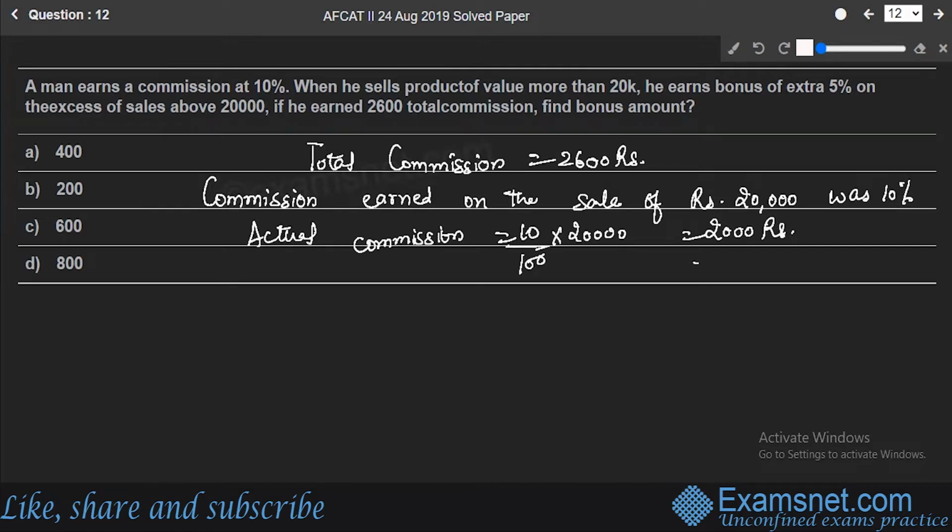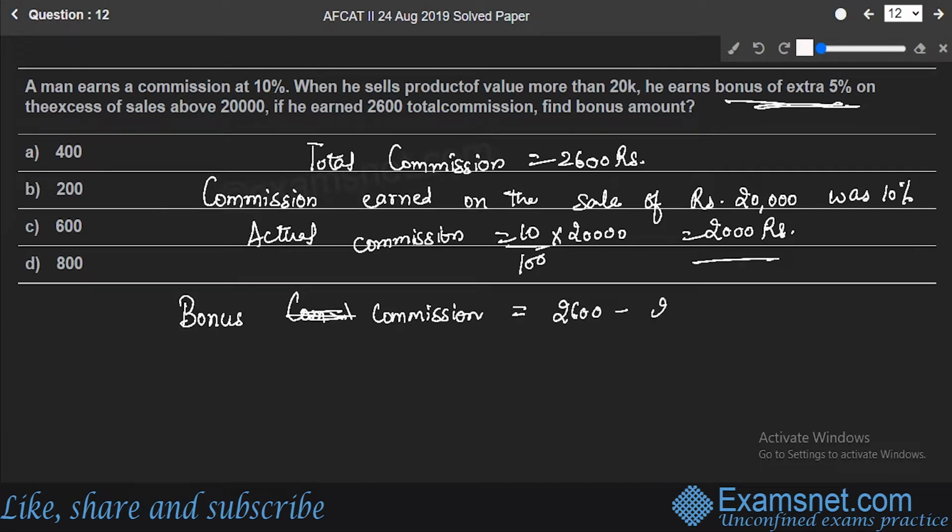So this is the basic commission that he has earned. Now there is a bonus of 5% extra. So what was his bonus commission? It was total commission he earned minus his basic commission, so his bonus commission was 600 rupees.